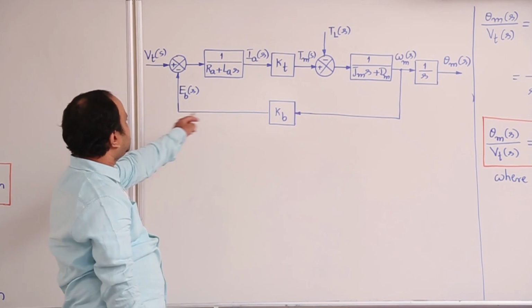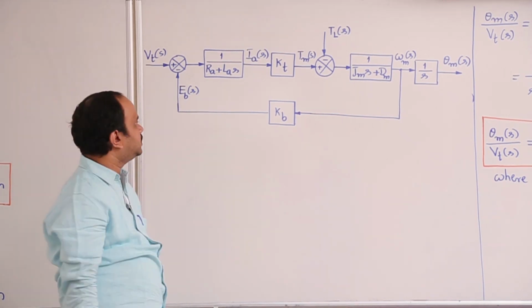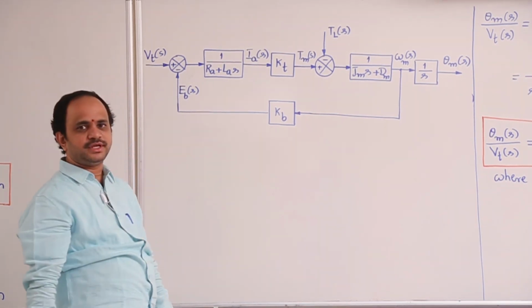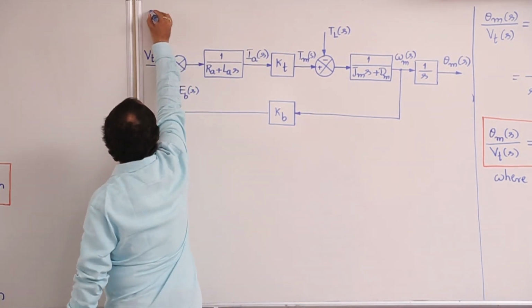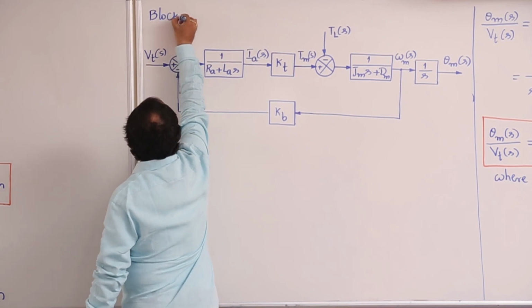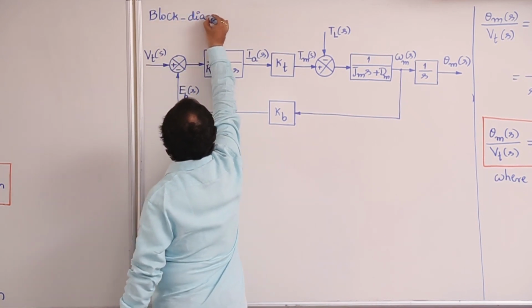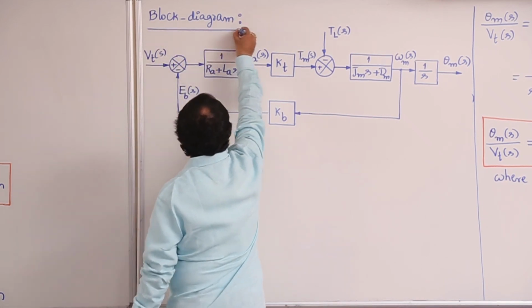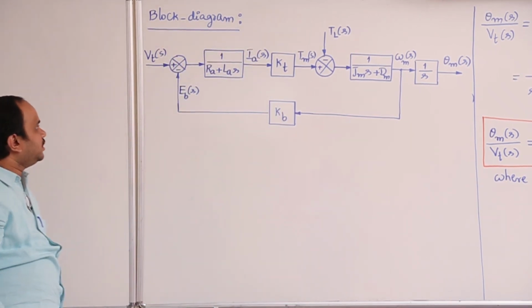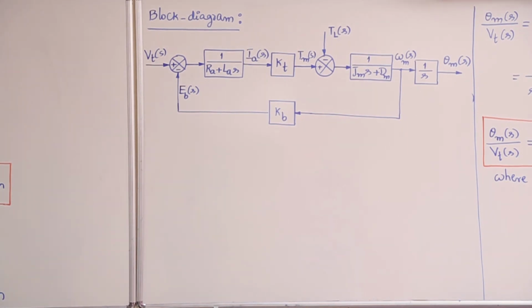So this is the block diagram representation of the DC servo motor. So I can take this as the block diagram of the DC servo motor.